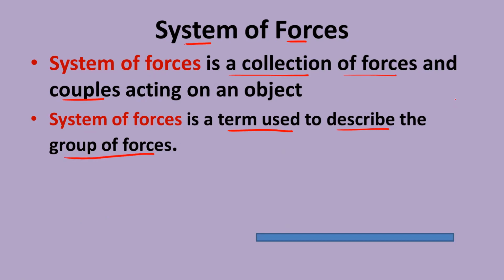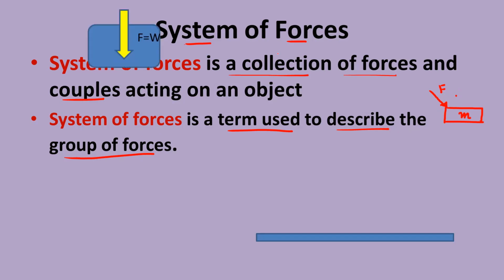If you have a single force, so we have one object of mass m, and we apply a single force, we cannot say this is a system of forces, because there is only one force on that mass. But for a system of forces, there has to be a group of forces. If you have more than one force, then we can say it is a system of forces.